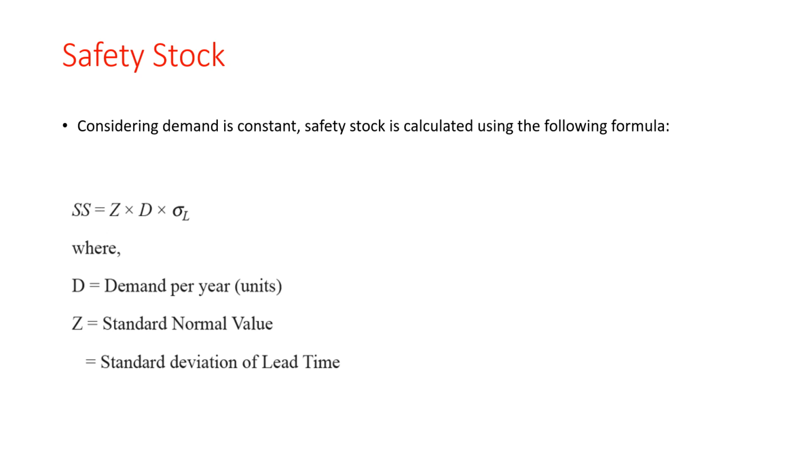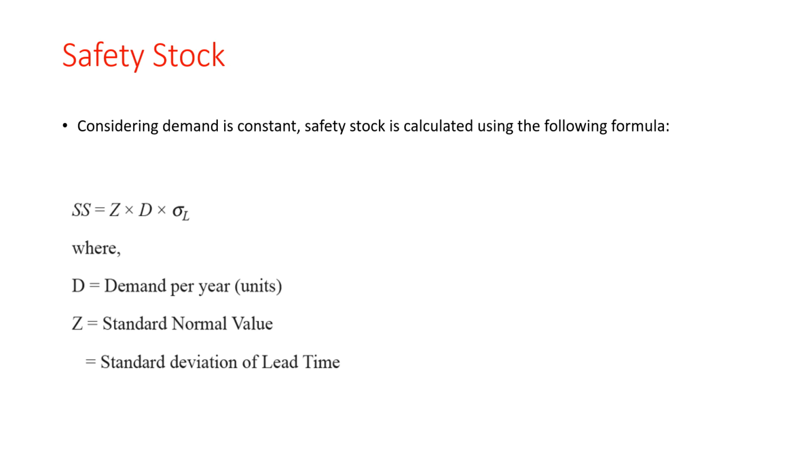So to calculate the safety stock, SS equals Z into D into sigma L, where D is the demand per year in units, Z is the standard normal value, and sigma L is the standard deviation of the lead time.